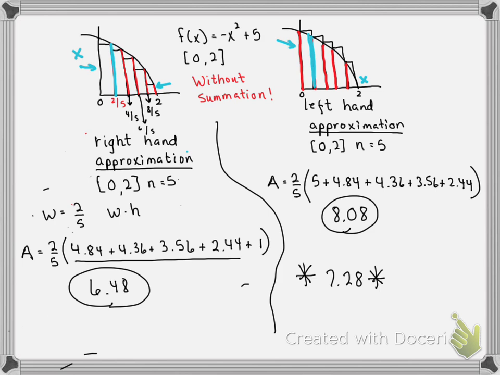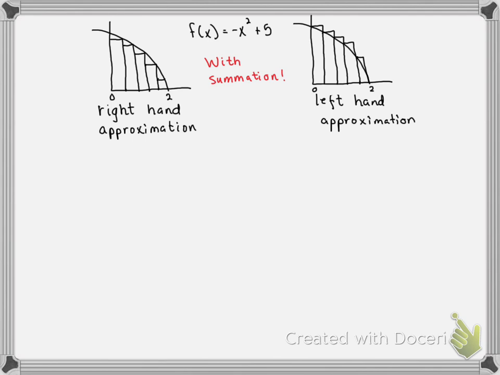Now what we're going to do is the exact same process using summation. We know that the width of our rectangle is b minus a over n. Instead of using the 5 rectangles, we are just going to use n for a random number of rectangles.